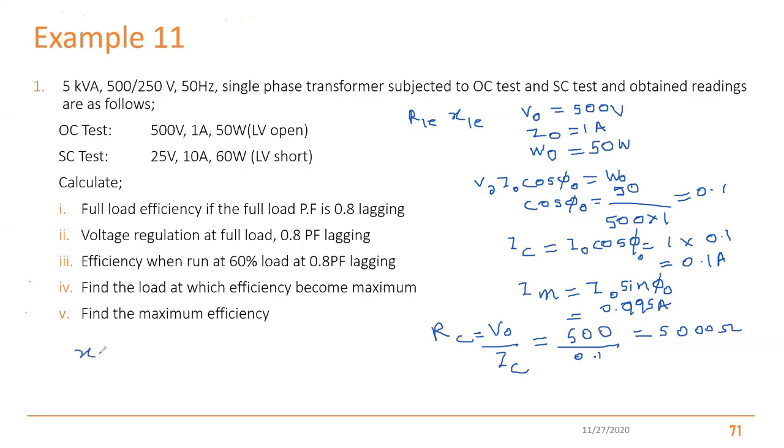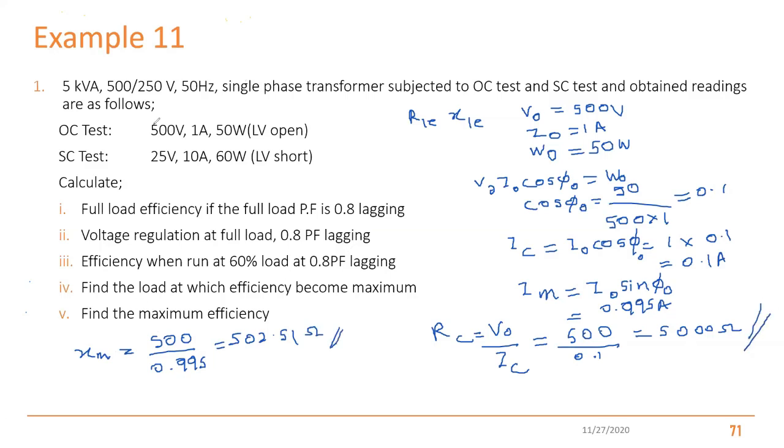So XM is V naught divided by IM, IM is 0.995, so that becomes 500 divided by 0.995, which is about 502.51 ohm.